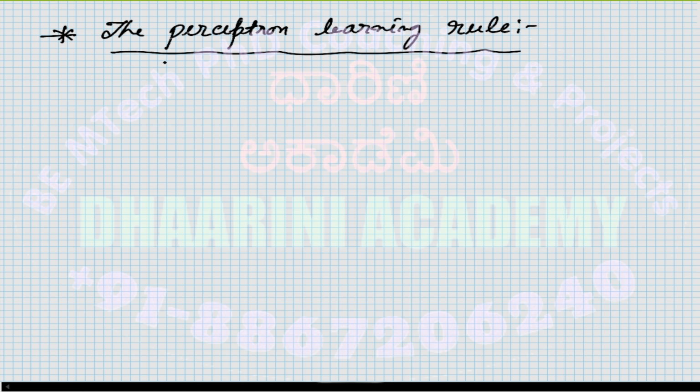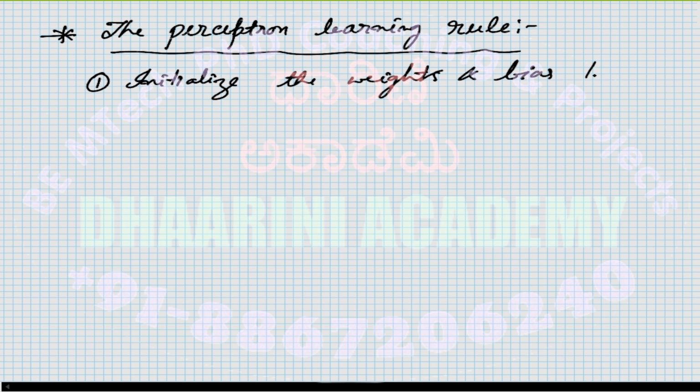The first step in this learning rule is always to initialize the weights and the bias to 0.